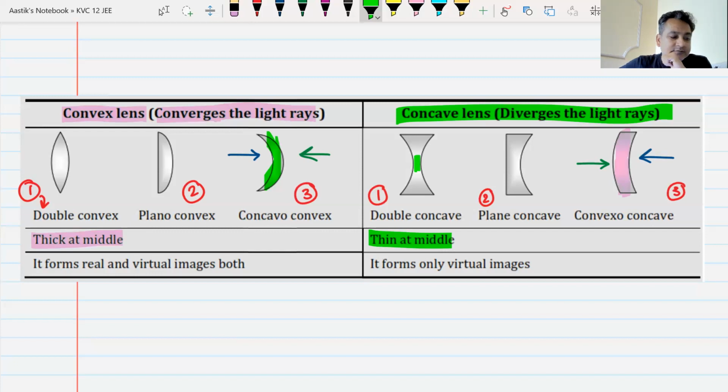What do you think? Can I change the nature of the lens? If I can, how? Anyone? Can the nature of the lens be changed?